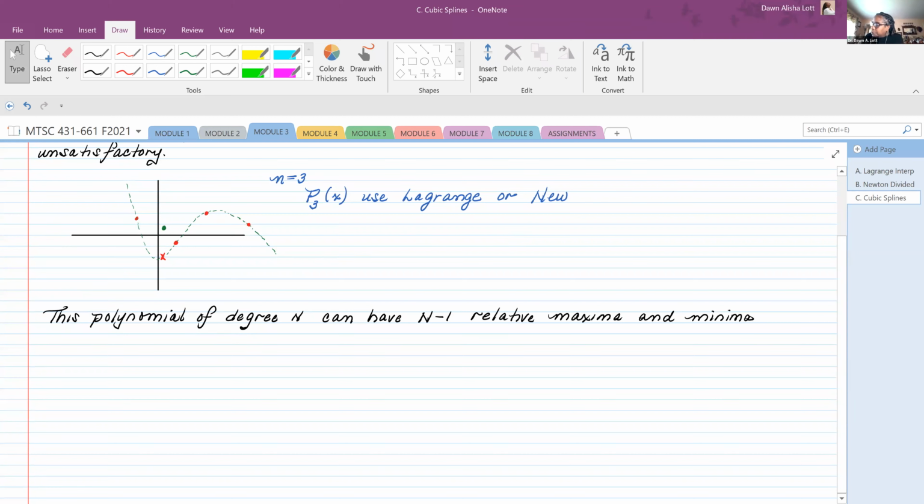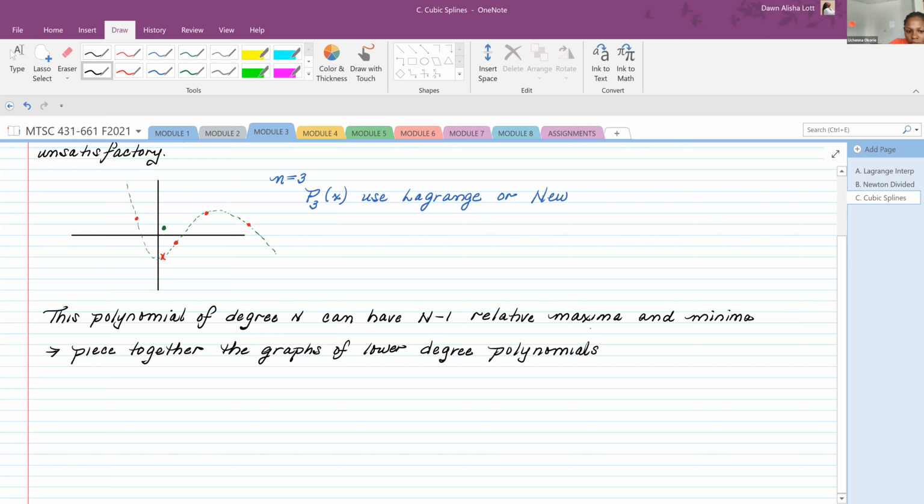So it's actually better if we piece together the graphs of lower degree polynomials. So we're going to call them S_k of x.